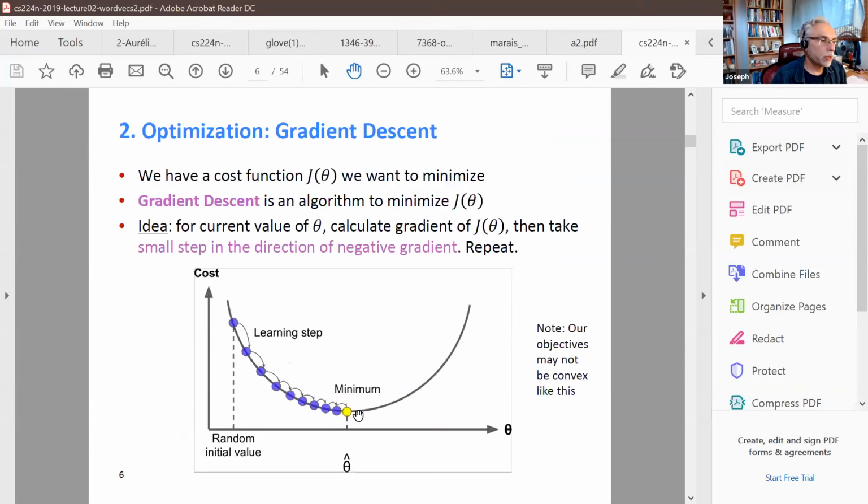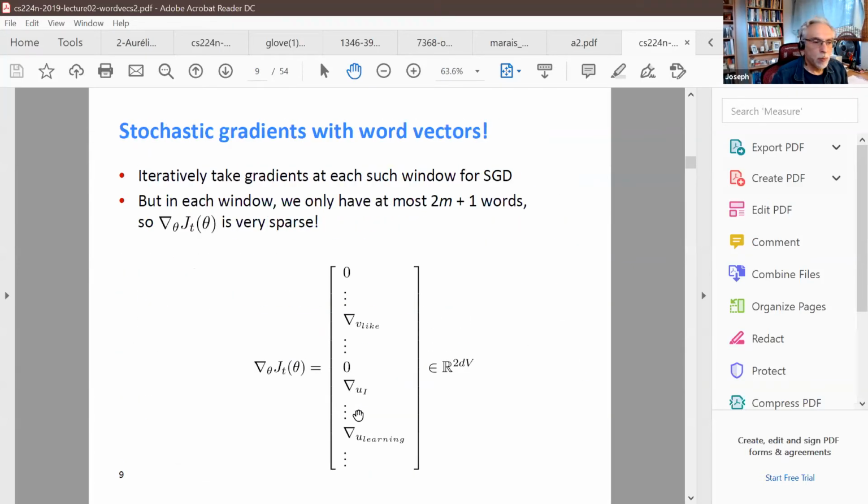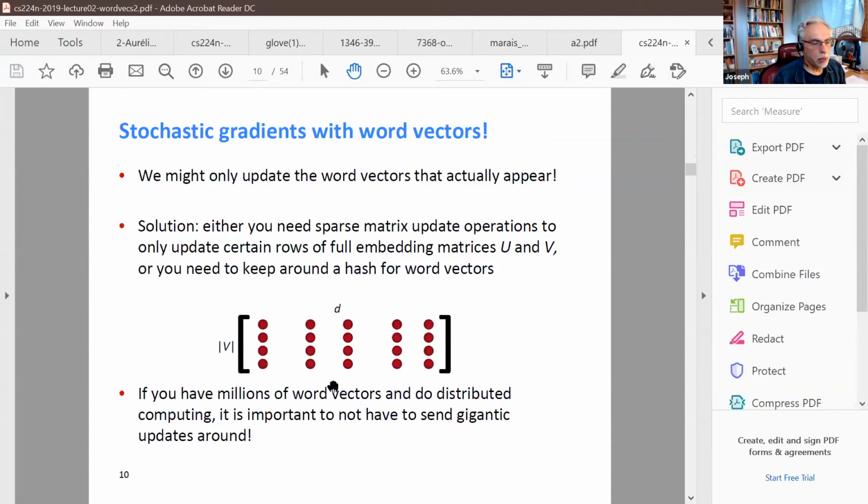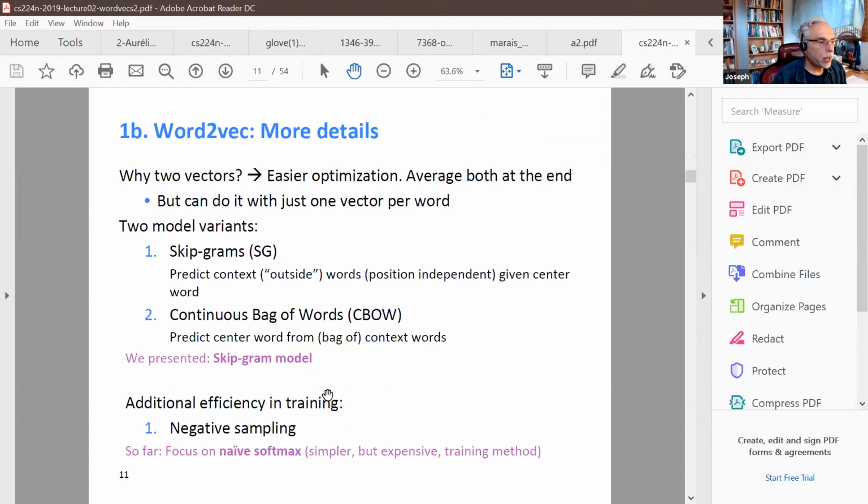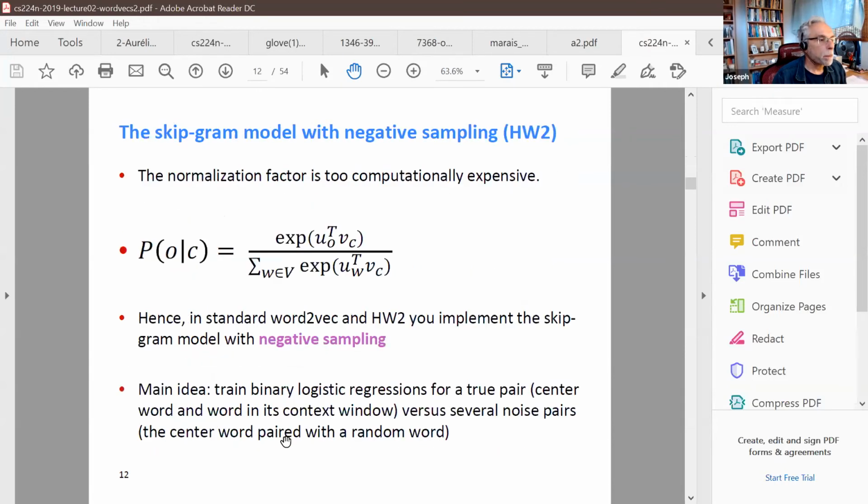So the idea of negative sampling is that you pick at random a bunch of words and you tell it that these words are not going to be context words, and then you train it based on that idea. And the reason, again, is that the normalization factor here is much too computationally expensive.